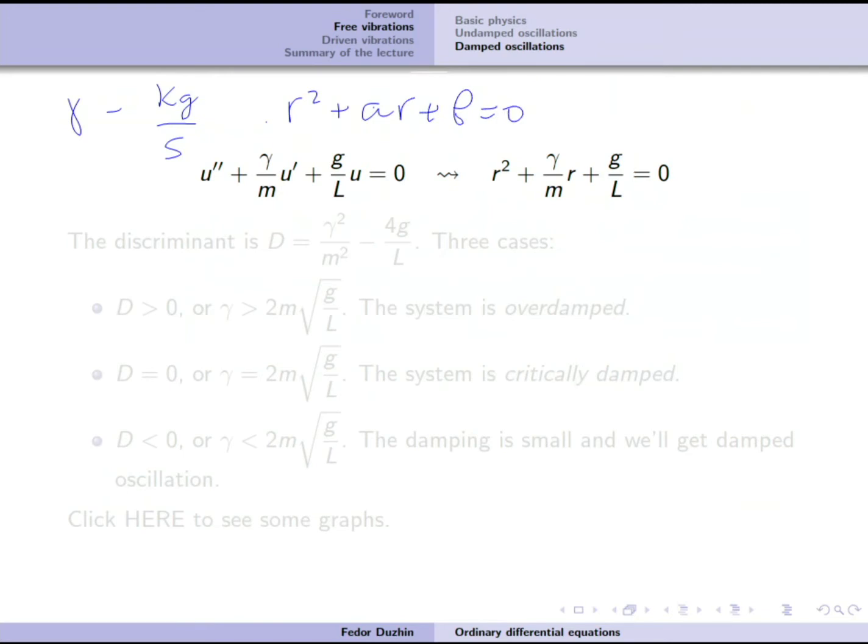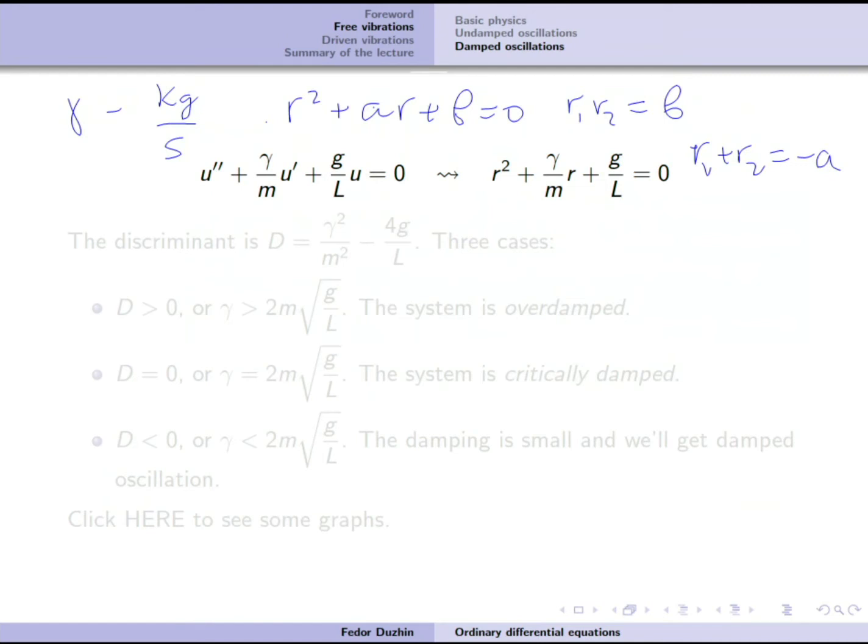But I hope you still remember from secondary school that b is the product of the roots of the characteristic equation, and a is minus the sum of the roots. So r1 plus r2 is minus a. If the product of the two roots is positive, it means that the roots are either both positive or both negative. But since the sum of the two roots is negative, they cannot be both positive, so both have to be negative, right?